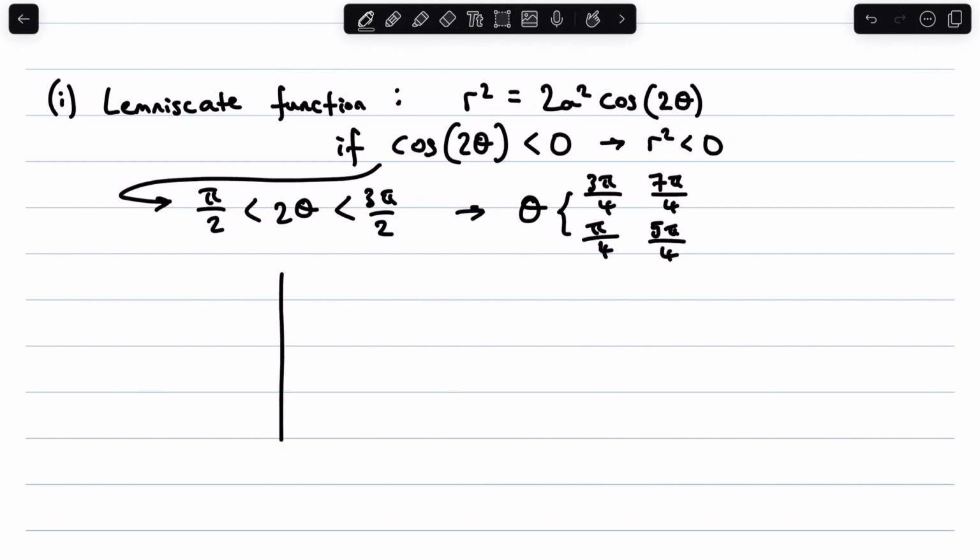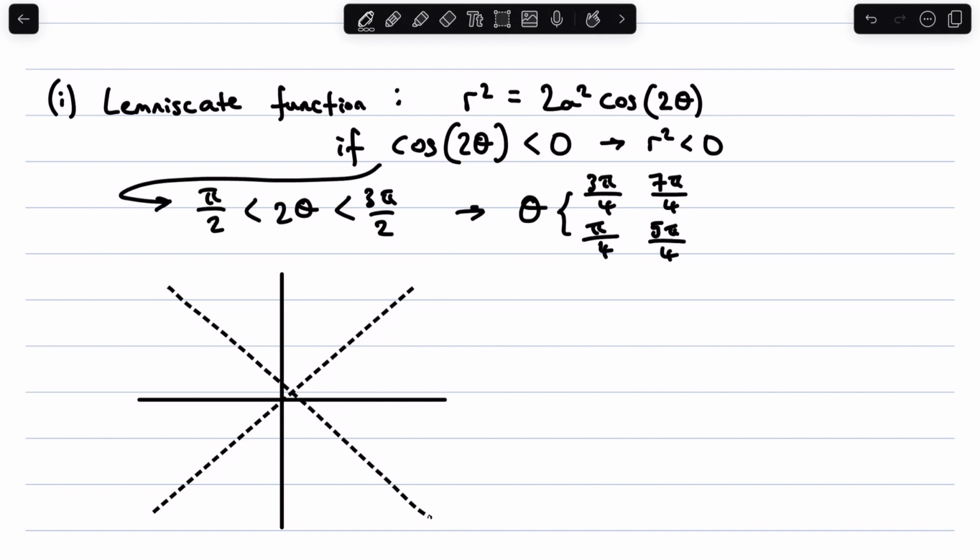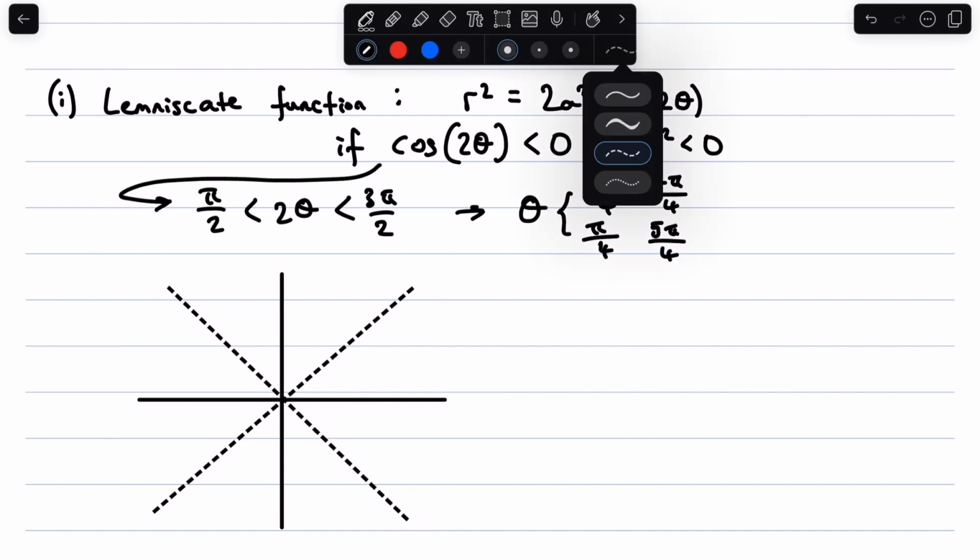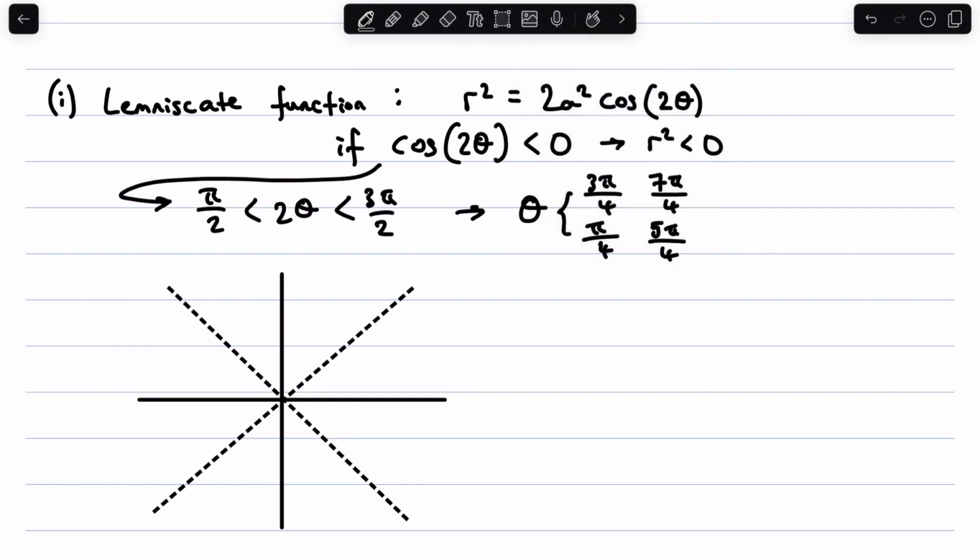And so if we draw this, we'll say this dotted line here and this dotted line here can show our asymptotes, in a sense. Up this way is theta equals pi over 4, down here is theta equals 7 pi over 4, up here is theta equals 3 pi over 4, and down here equals 5 pi over 4.